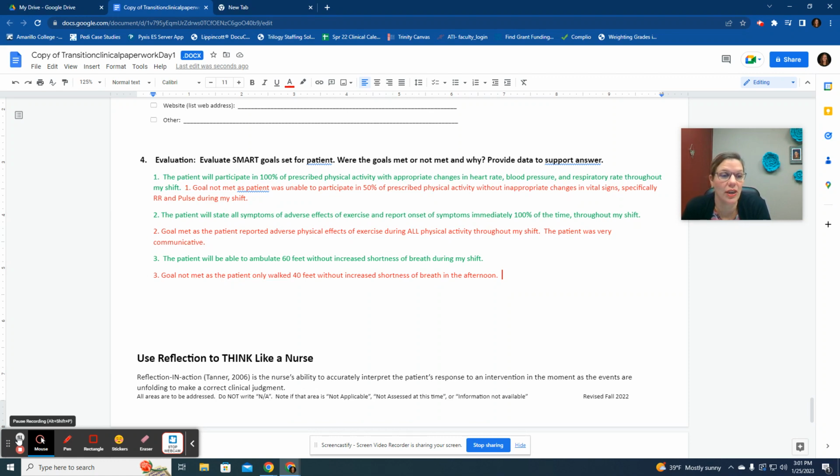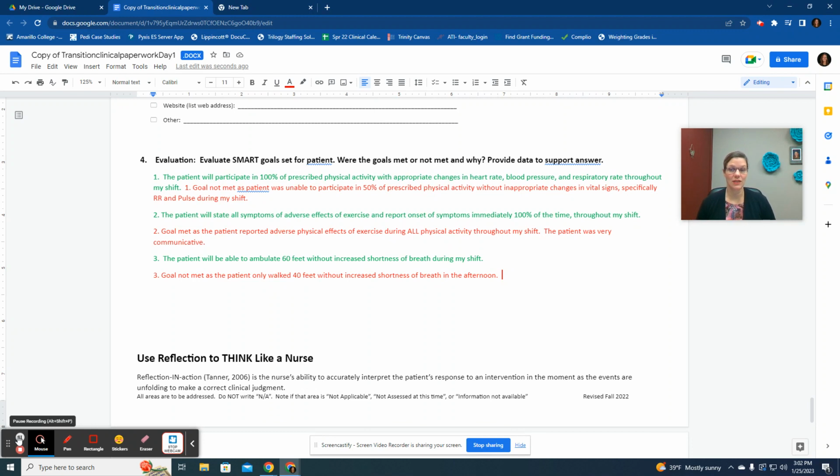So my example evaluation, because I don't know how the patient actually did, was I said that the goal was not met as the patient was unable to participate in about 50% of the prescribed physical activity without inappropriate changes in vital signs, specifically. And then I listed out respiratory rate and pulse.